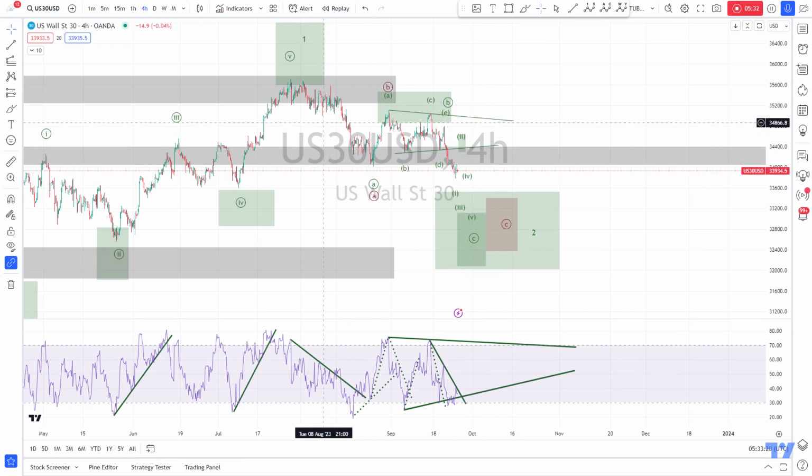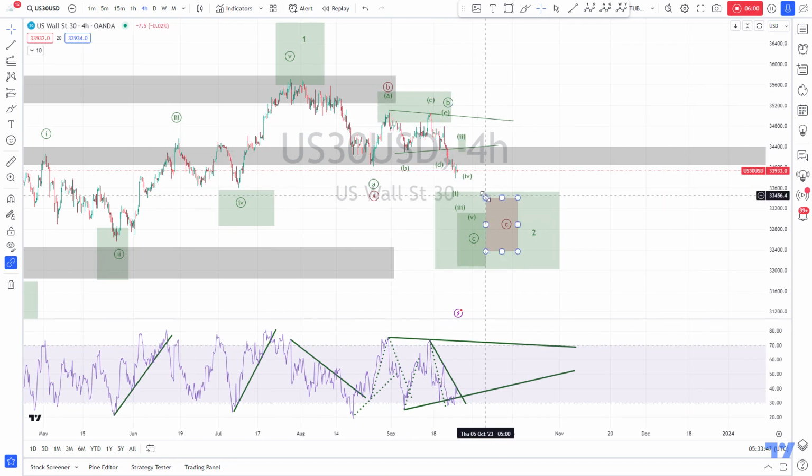Like, we have a first leg down, a leg up, and then we took out this low here. However, we have our three swings, which is a requirement for a corrective move, but the structure does not look complete in my opinion.